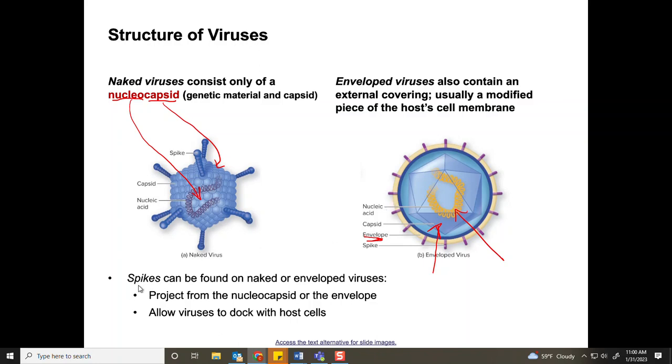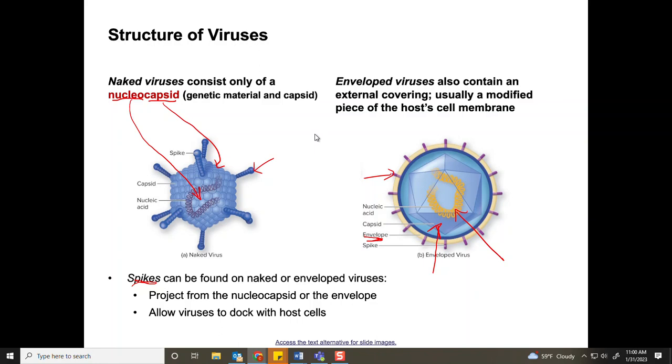Now, you can also find spikes on viruses, either naked or enveloped. So you'll see them, I'll point to one here. And also, of course, we see some various spikes on this one here. These are important. They project from the nucleocapsid or the envelope and allow viruses to dock themselves to host cells.